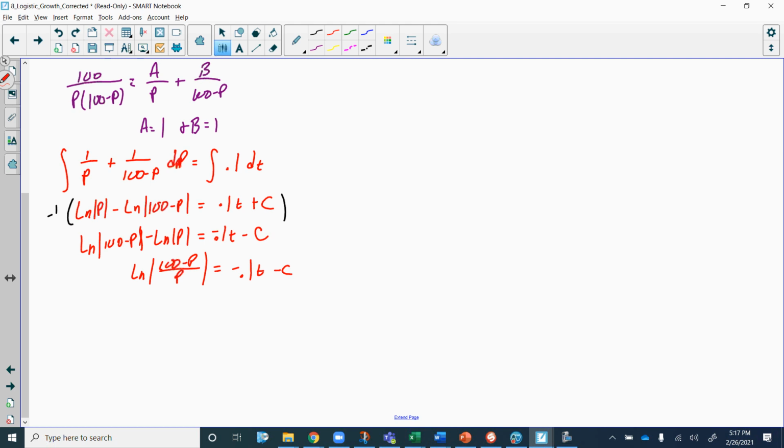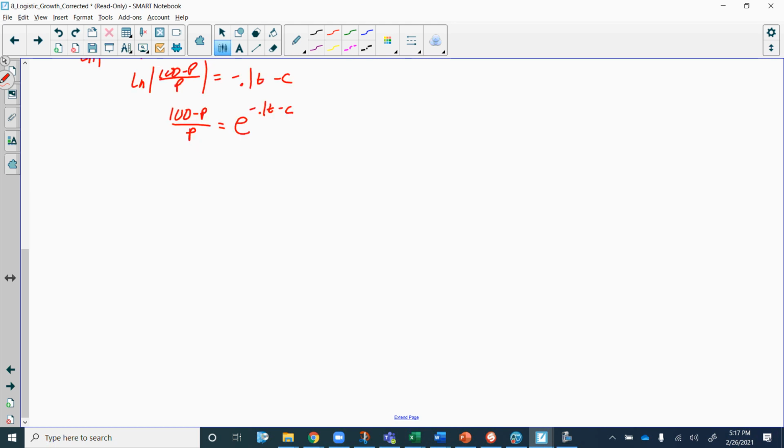Exponentiate both sides, and I get 100 minus p over p to be equal to e to the negative 0.1 t minus c power. And we've already seen how that is going to simplify. We're going to wind up with, on the right side, 100 minus p over p to be equal to A times e to the negative 0.1 t power.